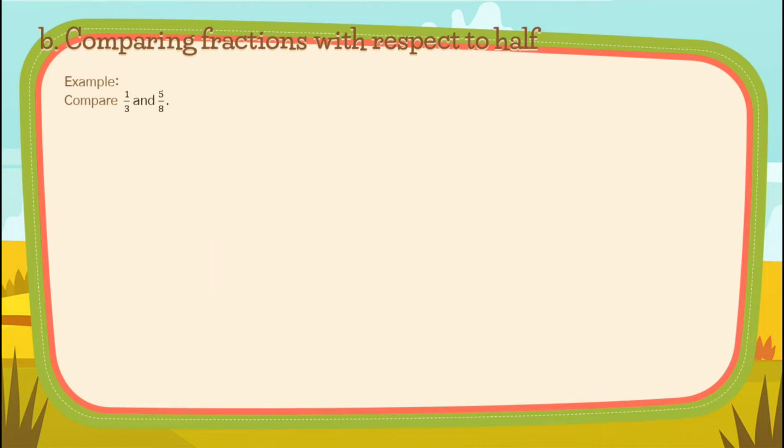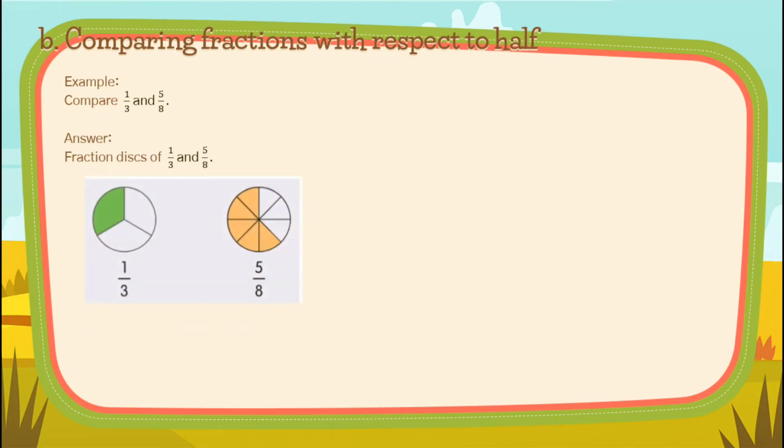Now, the second way to compare fractions: compare fractions with respect to half. Example, compare 1/3 and 5/8. Answer, fraction disks of 1/3 and 5/8.